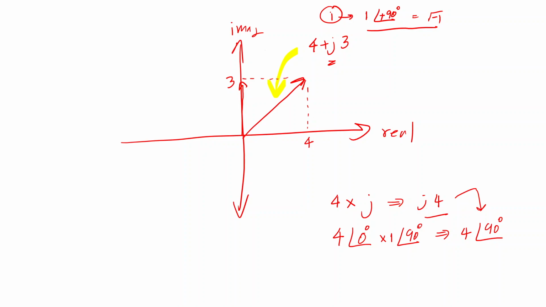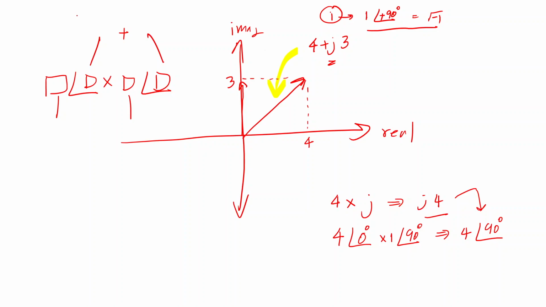Okay. When you multiply two complex numbers together, what do you do? What do you do? The magnitudes will multiply together, right? And the angles will add together, right?